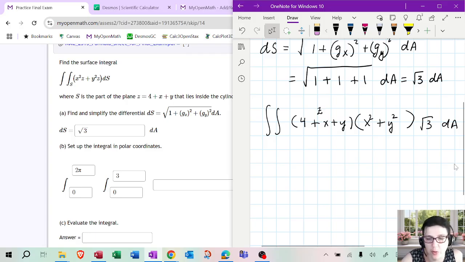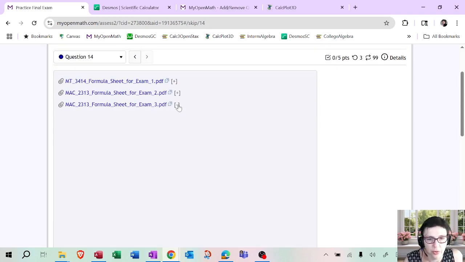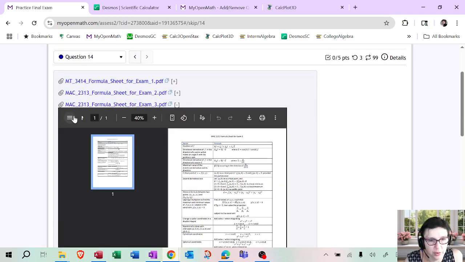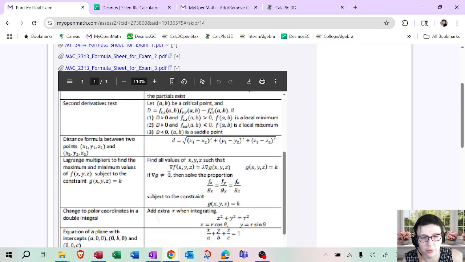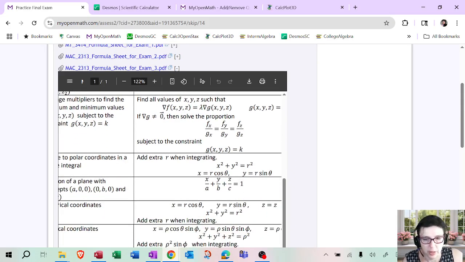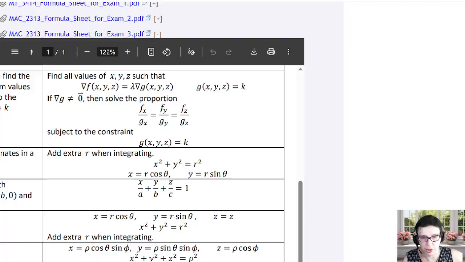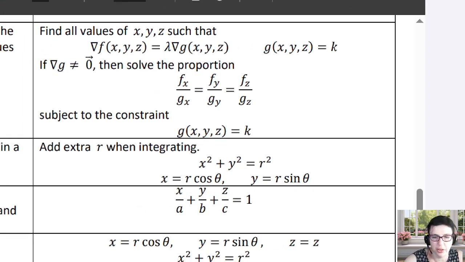So what do we know from polar coordinates? Let's go back to our formula sheet. When you switch to polar, there are a couple of things you need to remember.